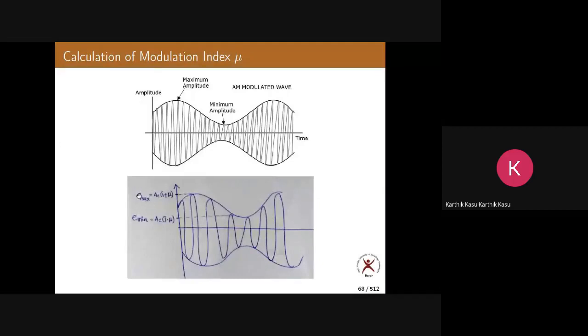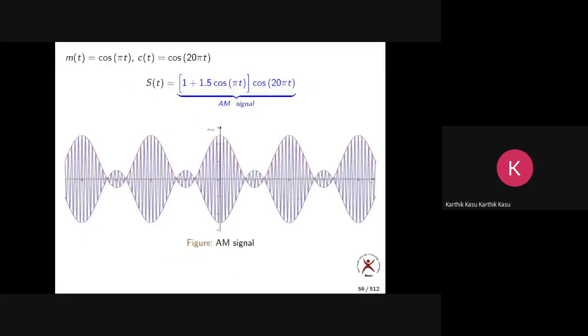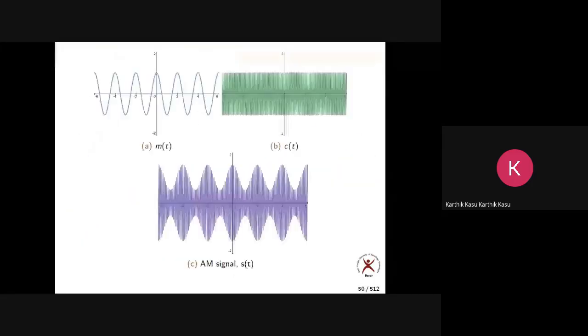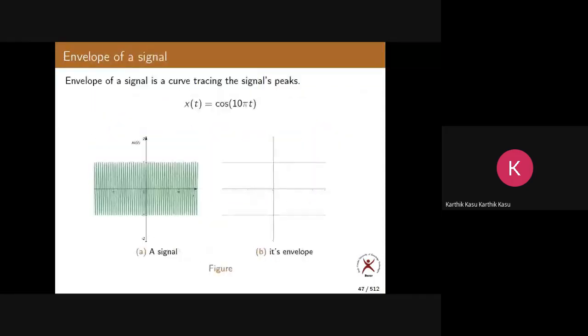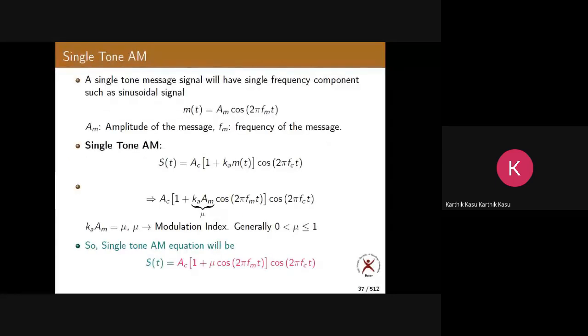What is the maximum value of this? From this, can you tell me? It is A_C (1 + mu).